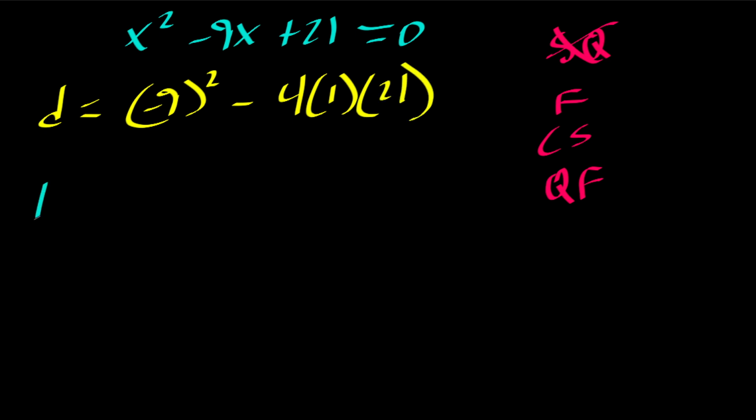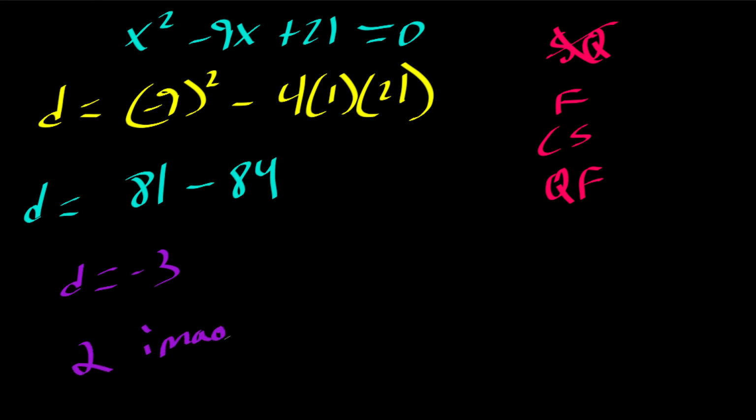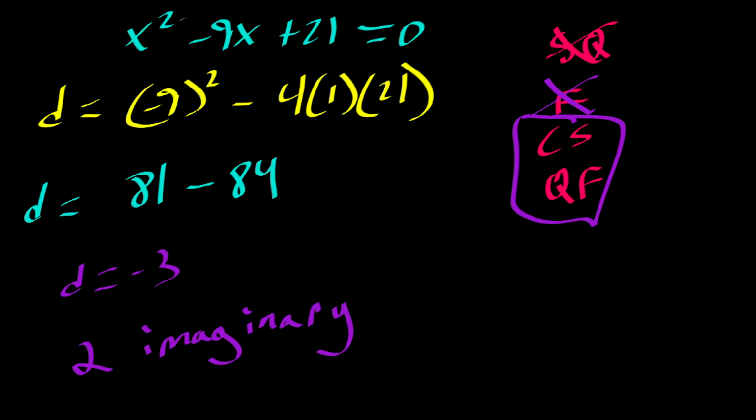So the discriminant is 81 minus 84, so the discriminant is negative 3. Now, if the discriminant is ever negative, that automatically means you have two imaginary roots. So that doesn't really tip us off other than it eliminates factoring. Factoring is out.